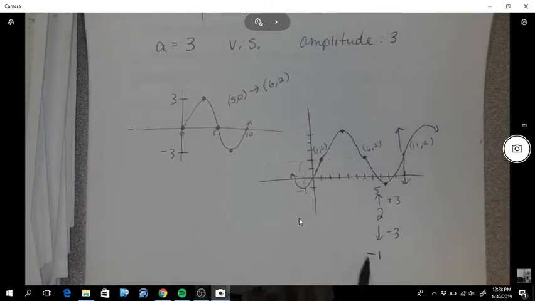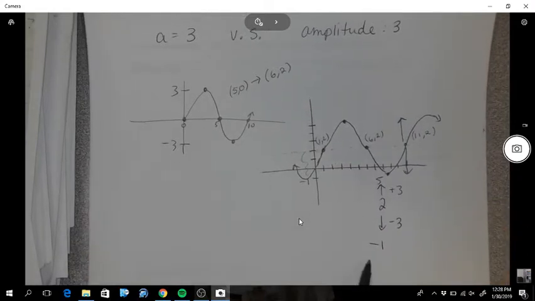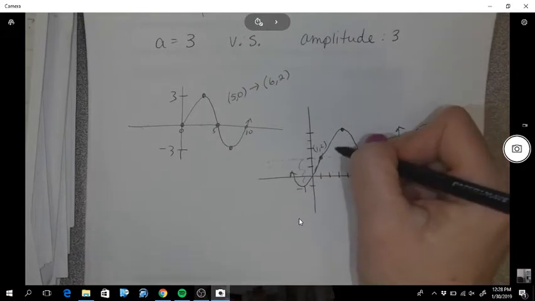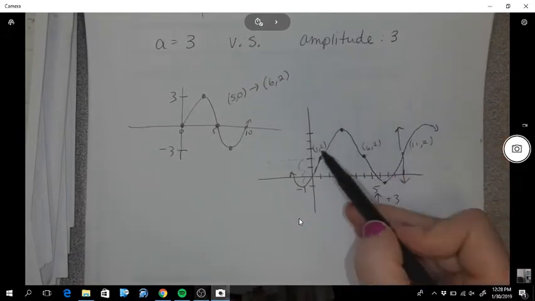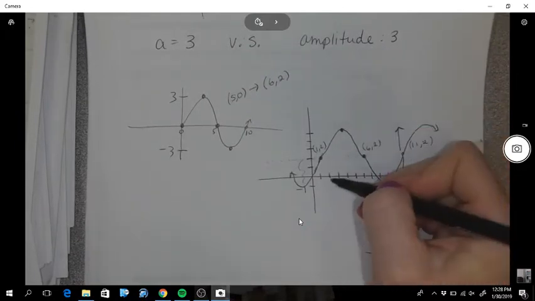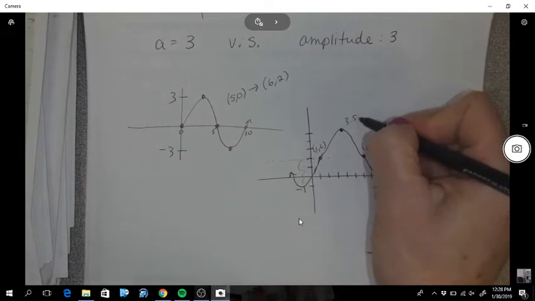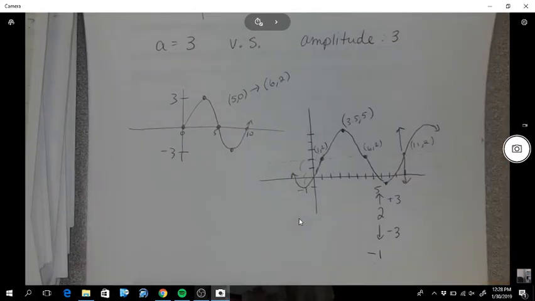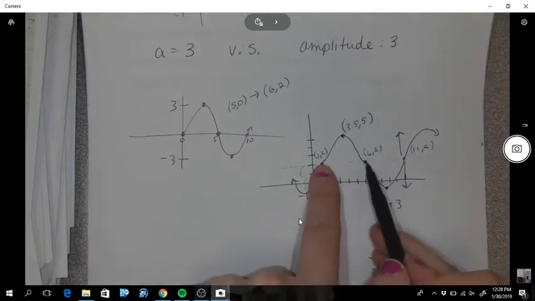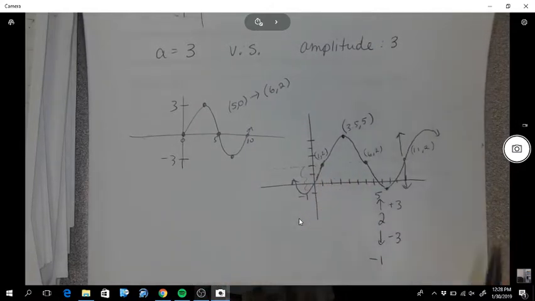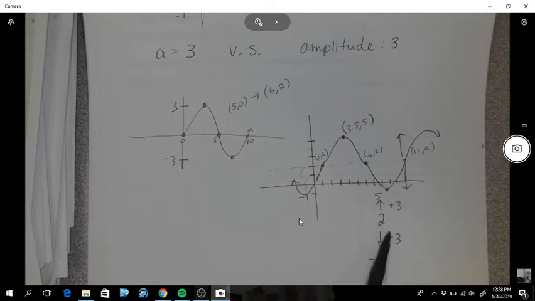So now you can see that -1 is the lowest and 5 is the highest. Okay, so this would be 3.5, 5. Okay, because I went halfway between the 1 and the 6, and then I knew my max was to go 3 up.